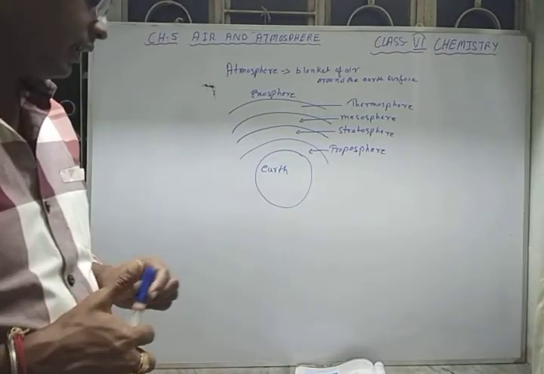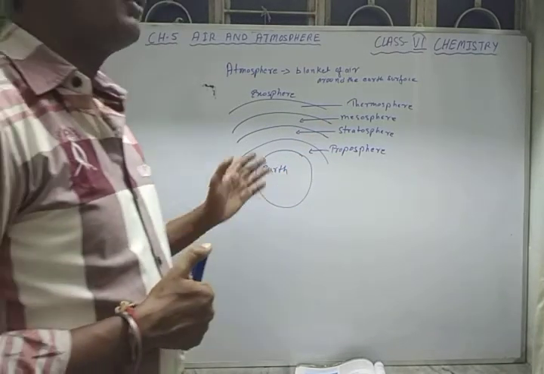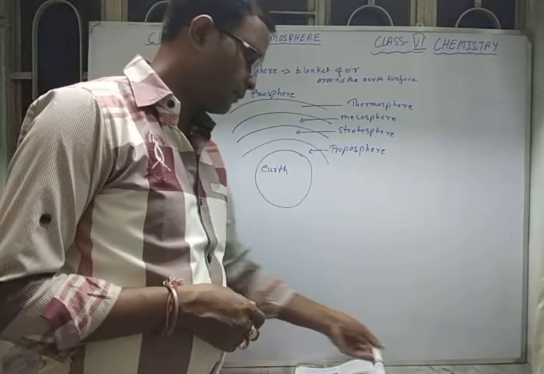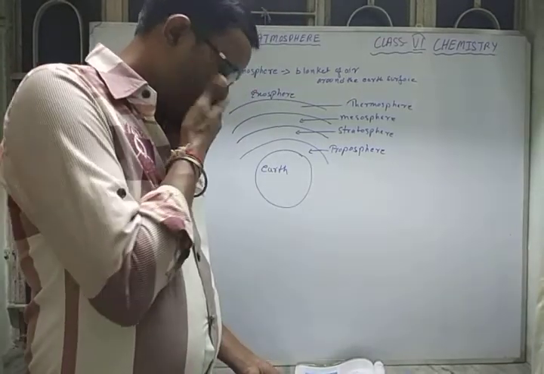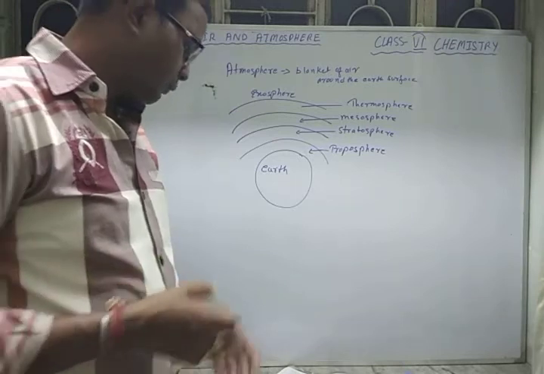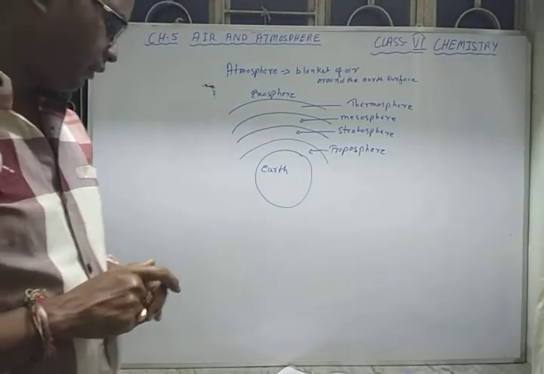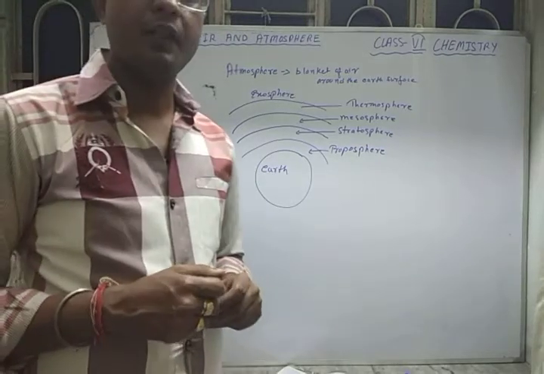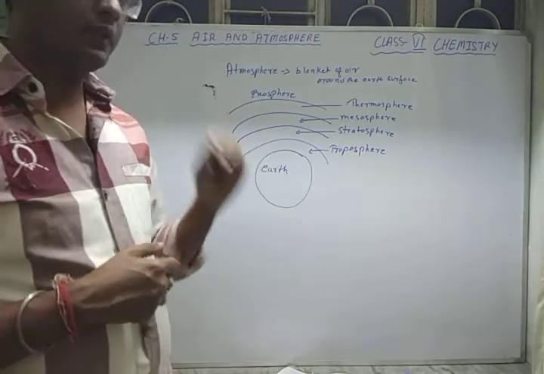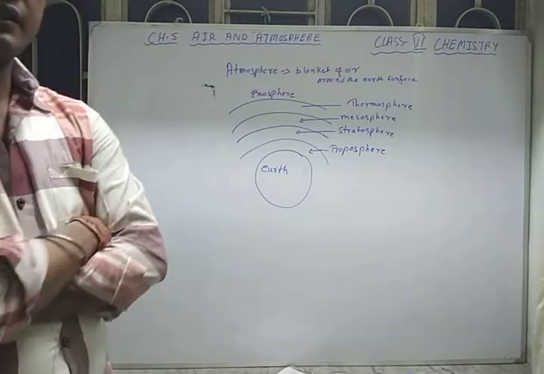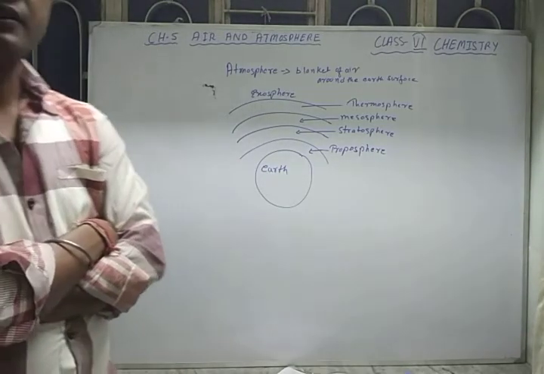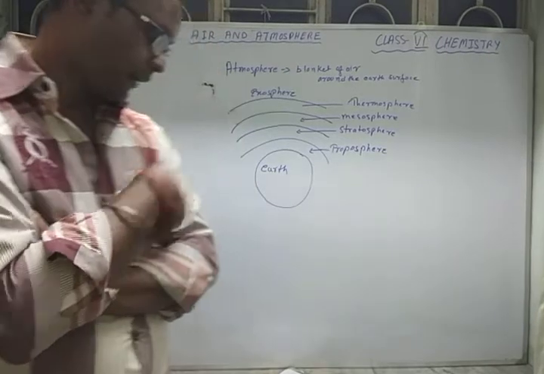One by one we will discuss these different layers of atmosphere. Okay. First of all, this is the troposphere. The troposphere is the closest layer to the Earth's surface. All weather and phenomena take place in the troposphere. Whatever weather changes take place, they take place in this troposphere.